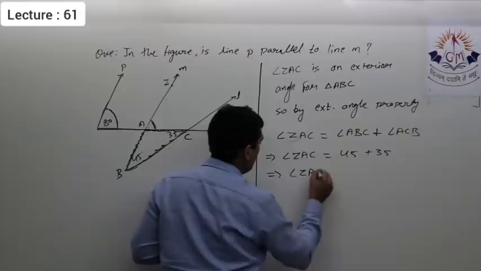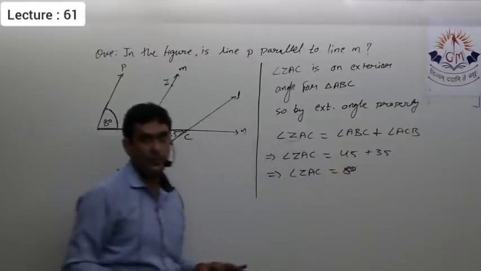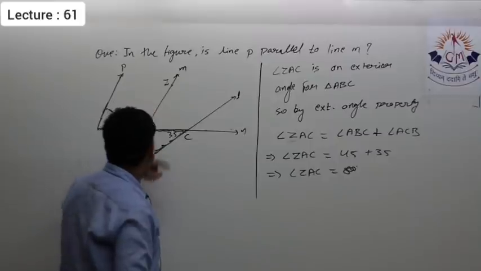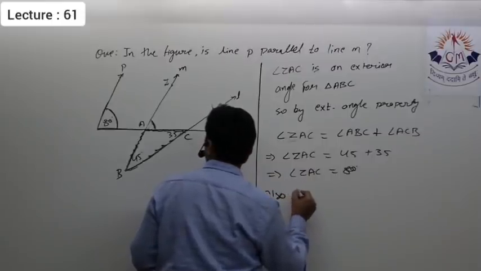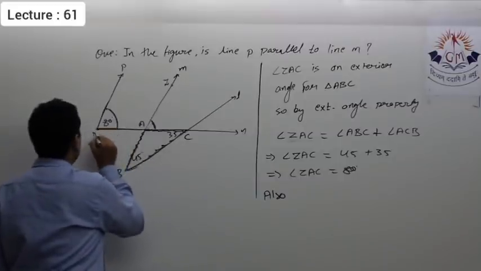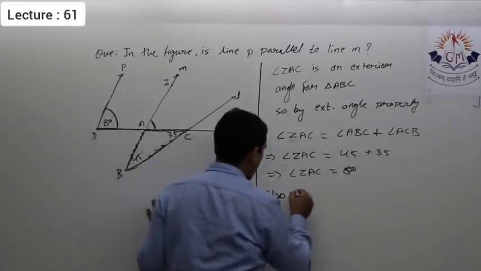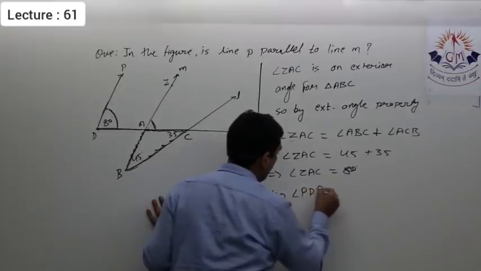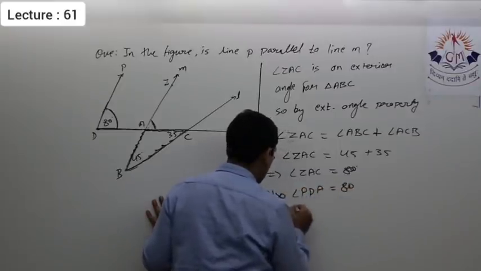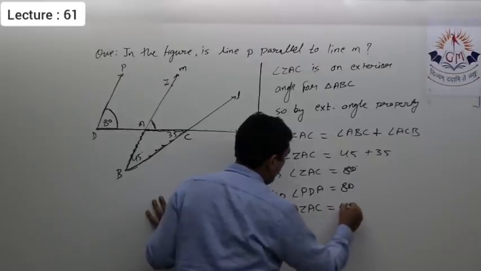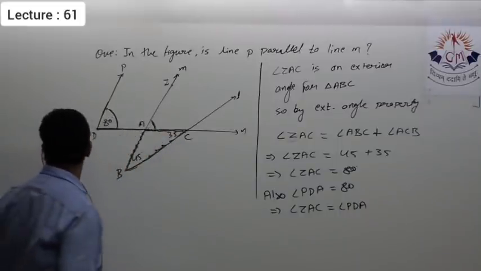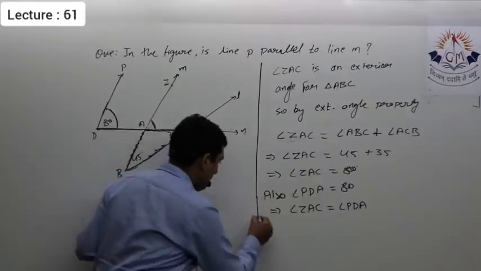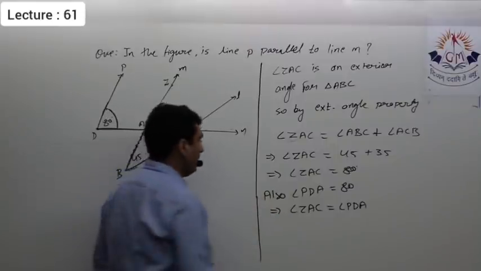Therefore angle ZAC is equal to 80 degrees. Now also angle PDA, let us name it angle PDA, is equal to 80 degrees. Therefore angle ZAC is equal to angle PDA. So these two angles are equal.